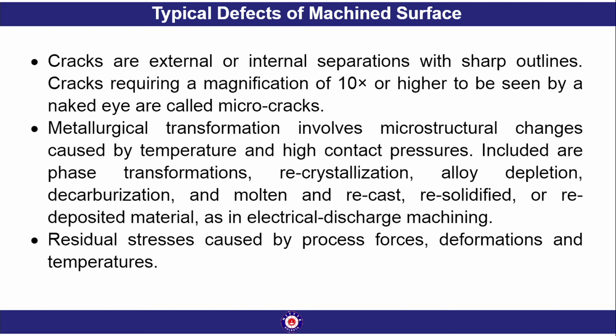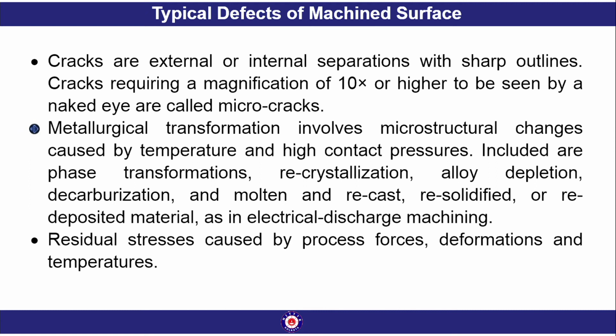Typical defects of machined surfaces: cracks are internal or external separations with sharp outlines. Cracks requiring a magnification of 10 times or higher to be seen by the naked eye are called microcracks. Metallurgical transformation involves microstructural changes caused by temperature and high contact pressures.